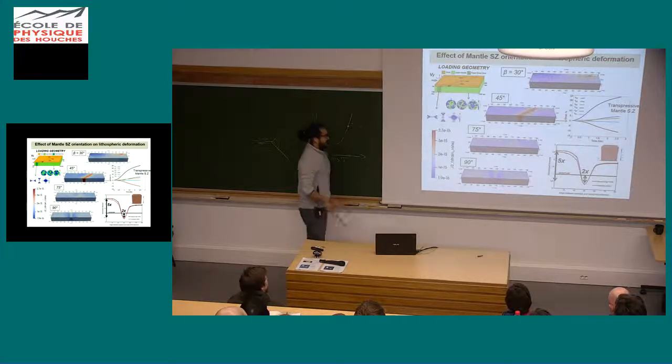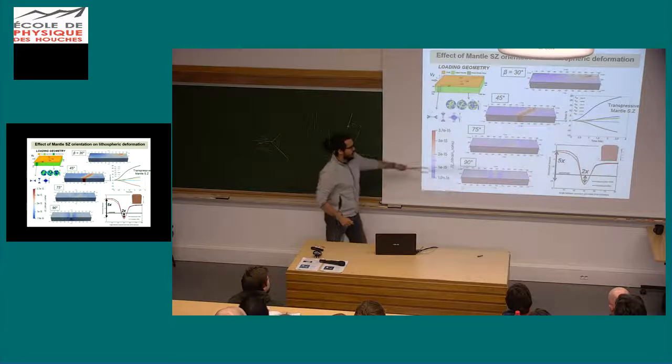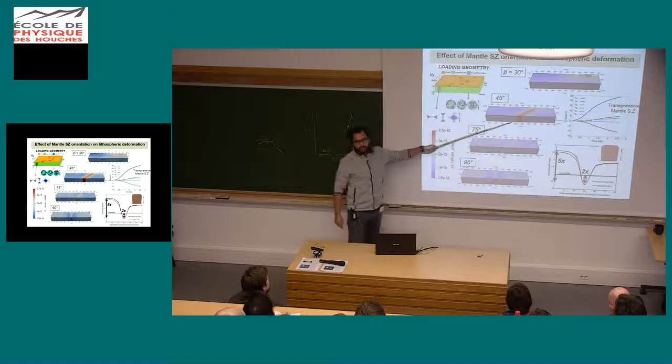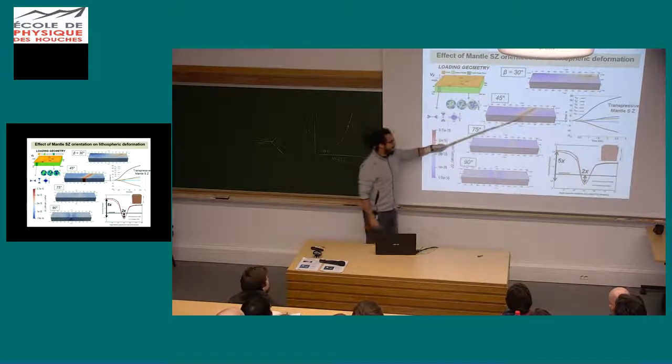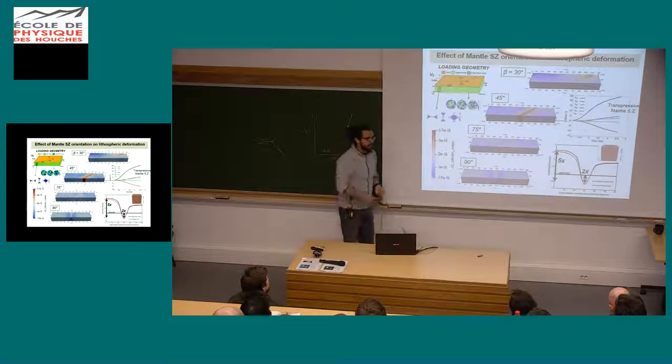The second invariant of the strain rate shows that deformation only localizes in the upper mantle when the fossil shear zone is at 45 degrees of the compression axis.